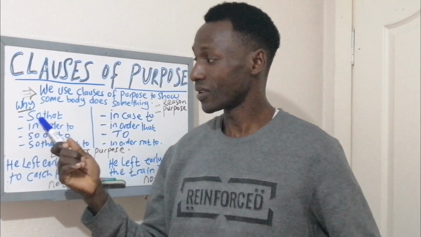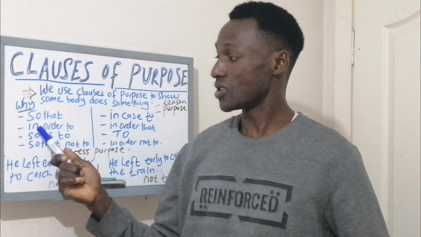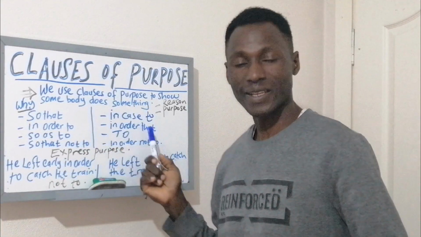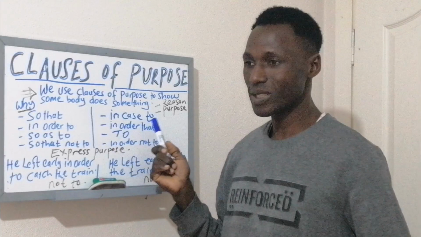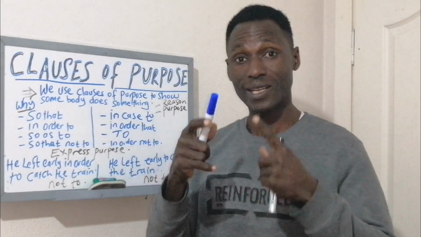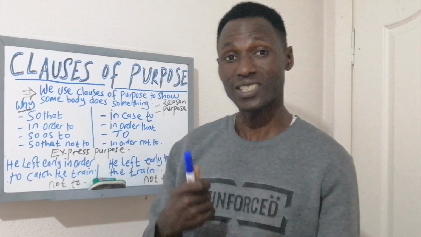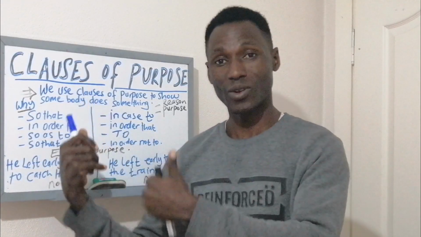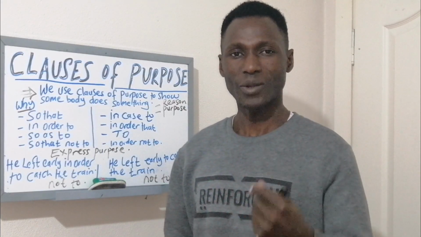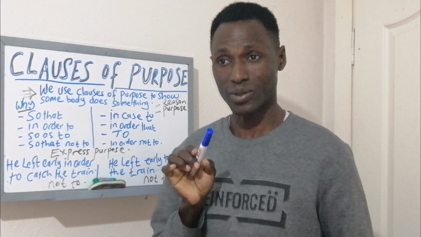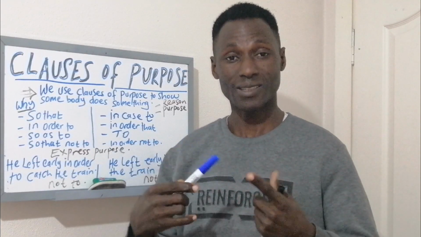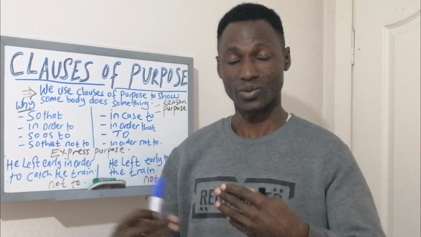They include so that, in order to, so as to, in case, in order that, to, in order not to. We can even use the negative form of some of these clauses of purpose. I think I'll take you through the examples first, such that you can easily understand what we are trying to discuss.